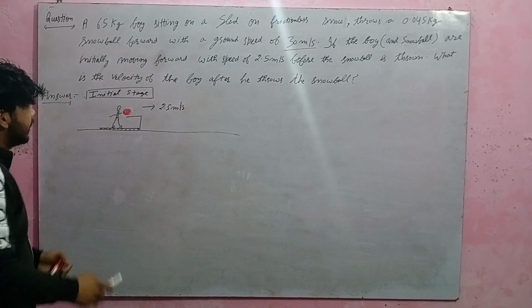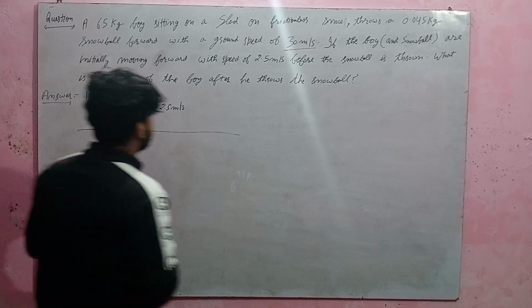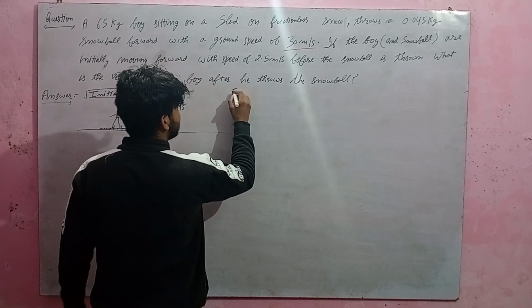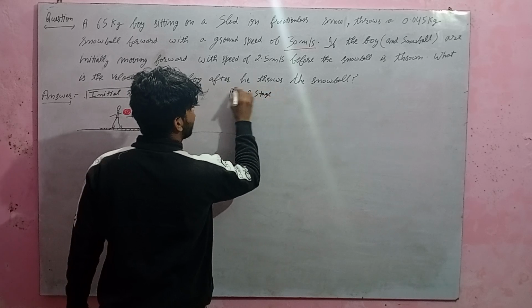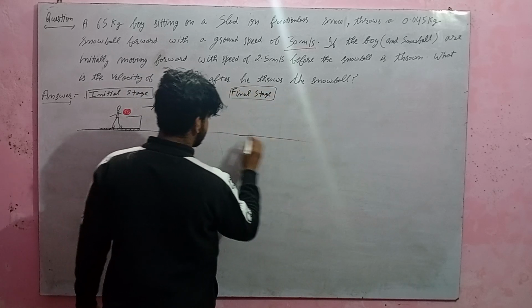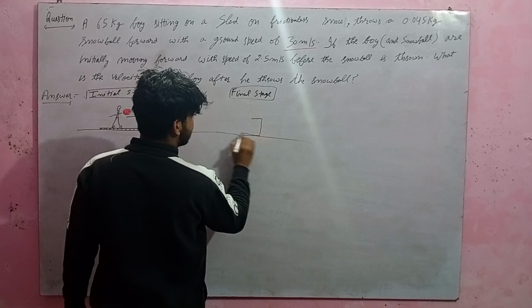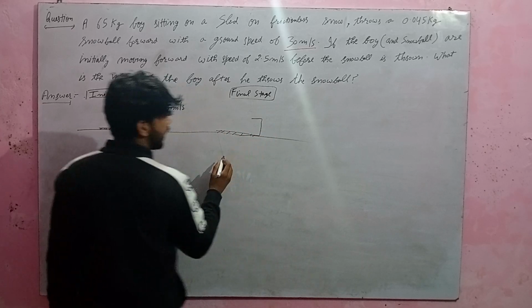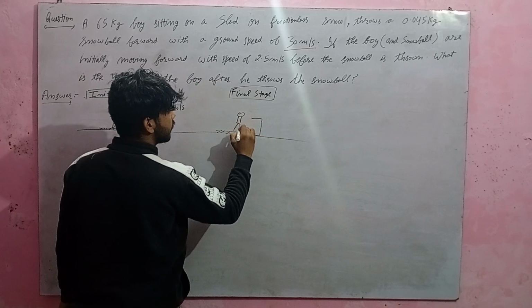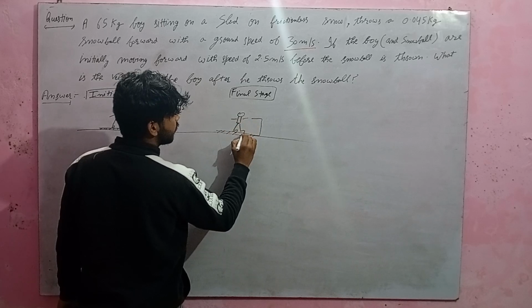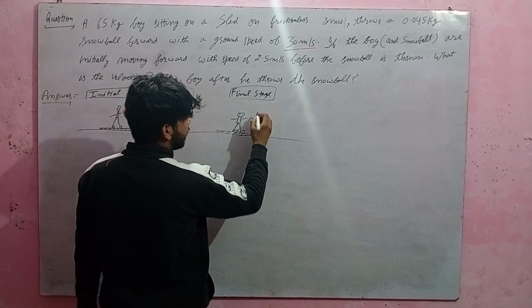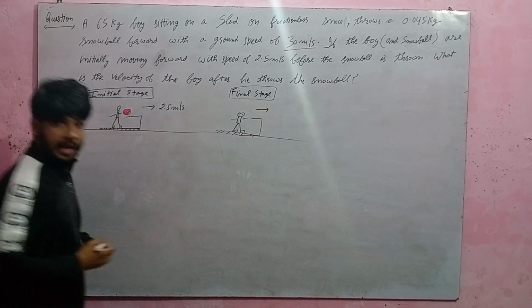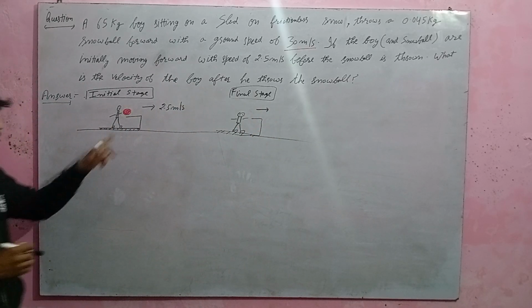In the final stage, we can see this is a sled and this is a boy. Let's suppose the boy and sled after throwing the ball.